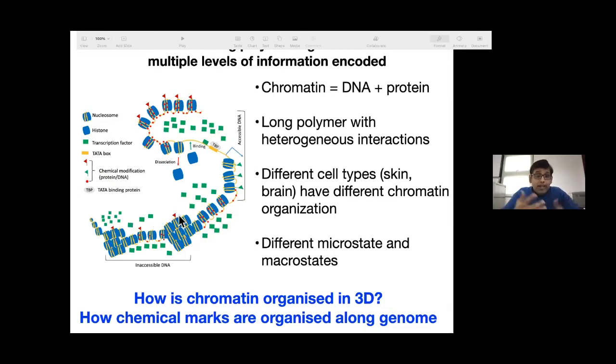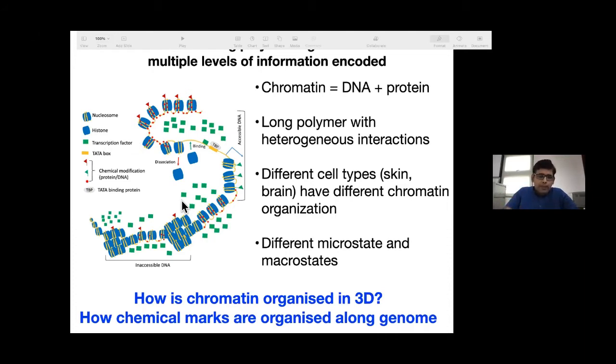So you can organize chromatin differently. Along the DNA, you can see red dots, which are chemical marks on the DNA. Also on the histone protein, you see red flags and green flags, representing chemical marks called histone modifications.